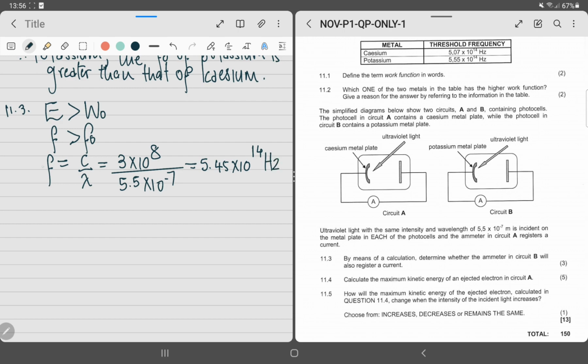This is the frequency of the ultraviolet light. So you see the frequency of the light that is provided by the ultraviolet light is less than the threshold frequency. Therefore, no current will be registered because the frequency that is provided by the light is less than the threshold frequency of the potassium.